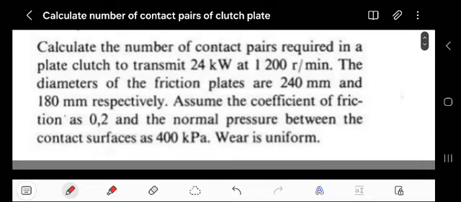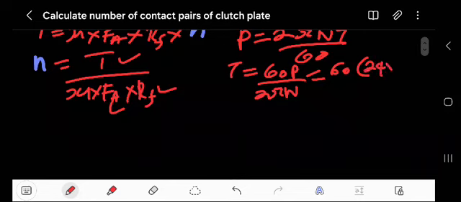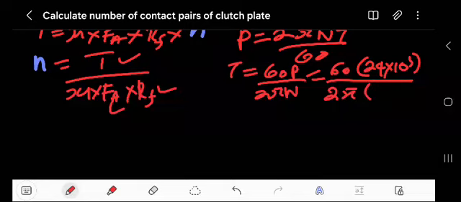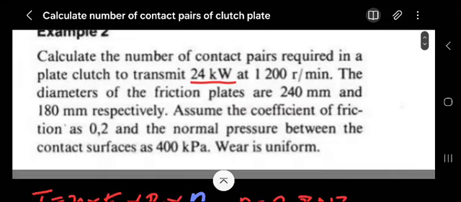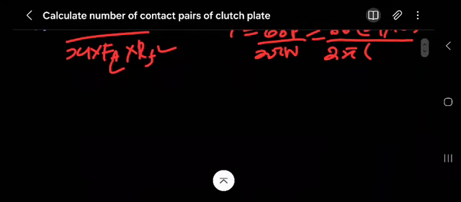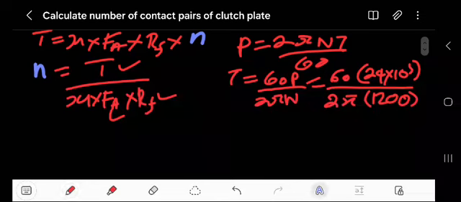It says 240 kilowatts, so this will be 240 times 10 to the power of 3, divided by 2 pi, then the speed, which is 1200.